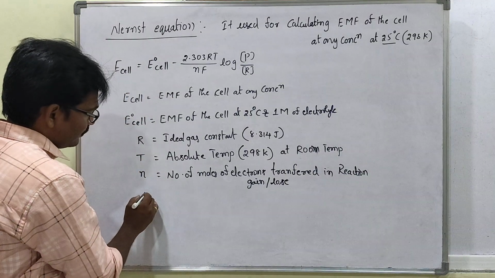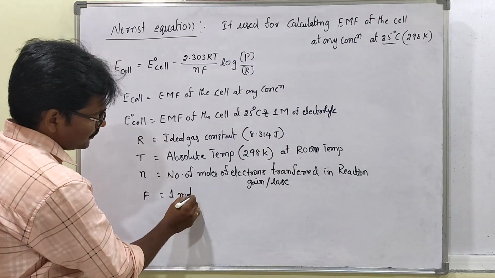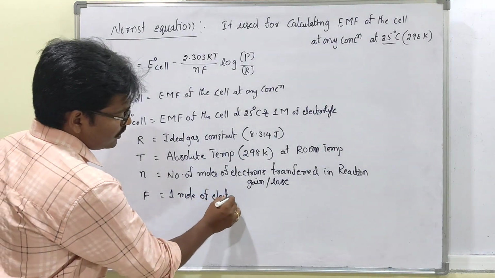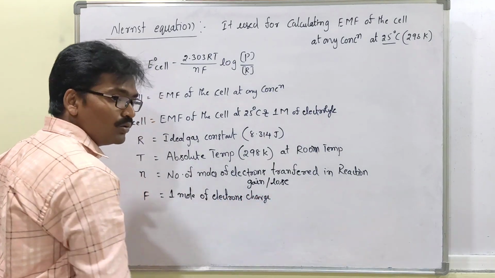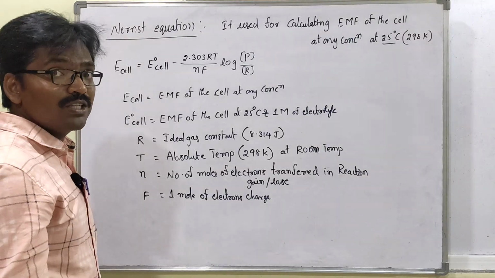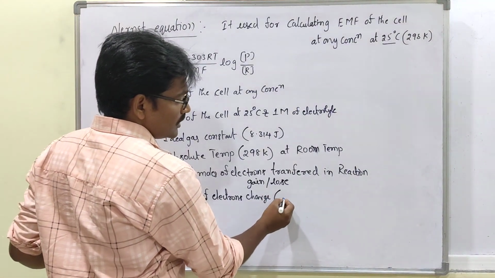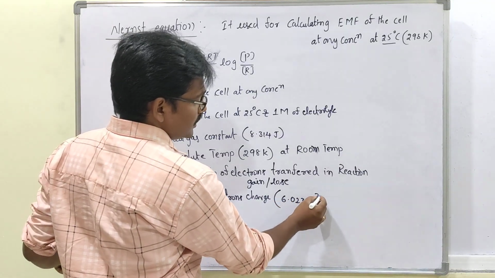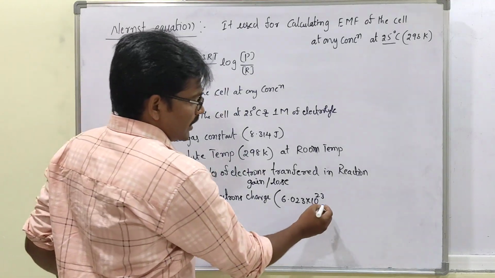Next, F is nothing but the charge of 1 mole of electrons. We already discussed 1 mole of electron charge previously. What is it? 1 mole is 6.023 into 10 to the power of 23 electrons.